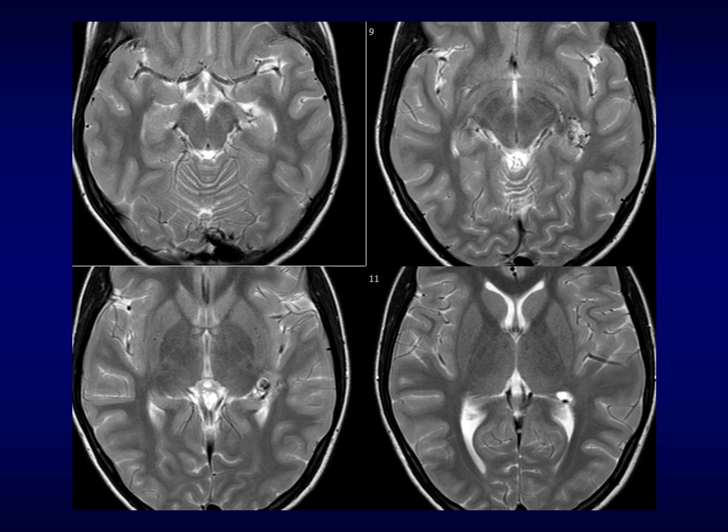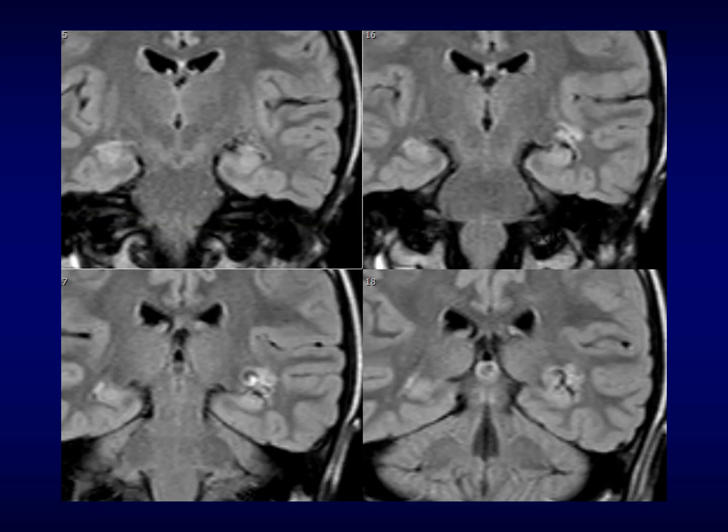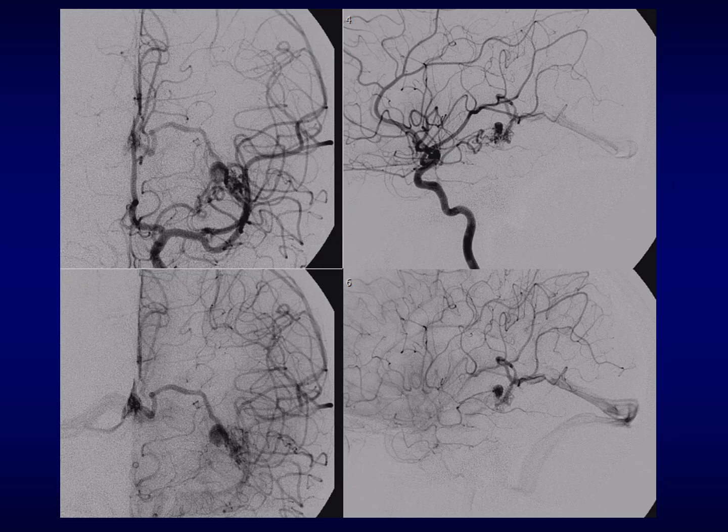And you can see a very small AVM in the temporal lobe. Again, here on the coronal MR images. Angiography shows that close to the AVM there is a big aneurysm. The AVM is considered to be treatable with radiosurgery, gamma knife, but first we would like to get rid of the aneurysm.